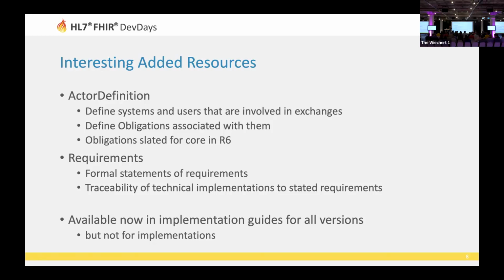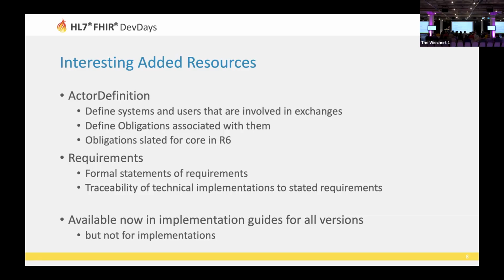Not every implementation guide author is going to want to spend the time doing requirements tracing, but a number of implementation guide authors told us that was a real big deal for them. They needed to do that, and we didn't have a framework for doing that. So irrespective of the version of the IG, the version of FHIR that the IG is describing, implementation guides can now use actor definitions and requirements and obligations and trace all those things.